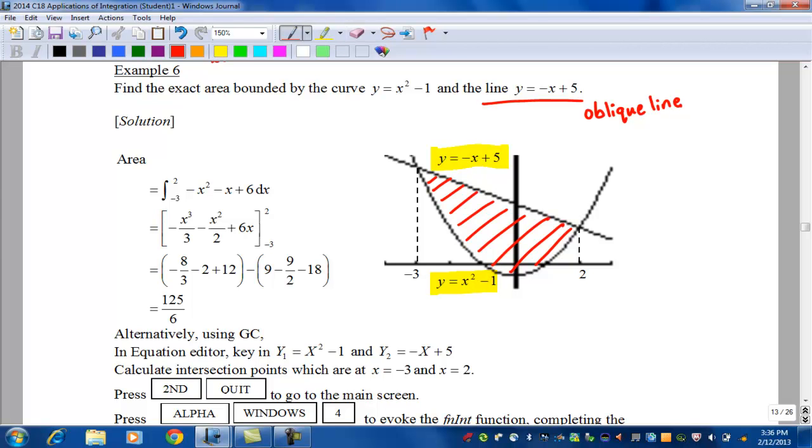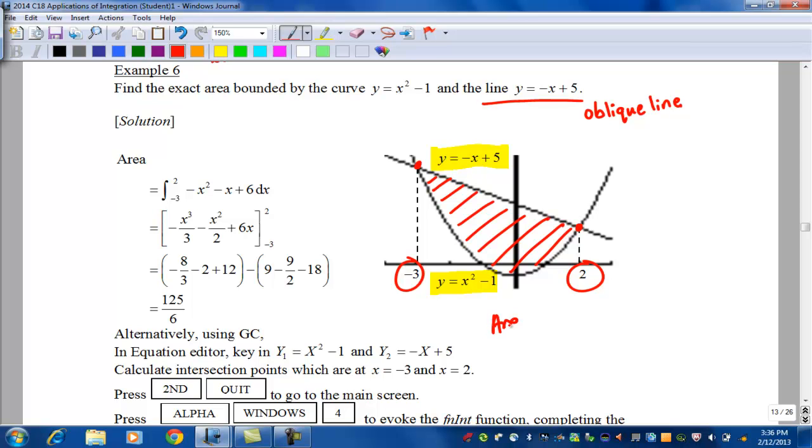So what is the lower limit and the upper limit? Based on the graph, we can clearly see that the lower limit has to be -3, and the upper limit has to be 2. How do we find the limits? We find the x-coordinate of this intersection point, and the x-coordinate of this next intersection point.